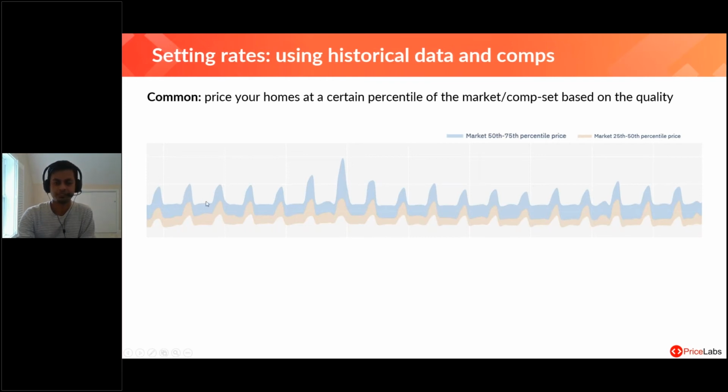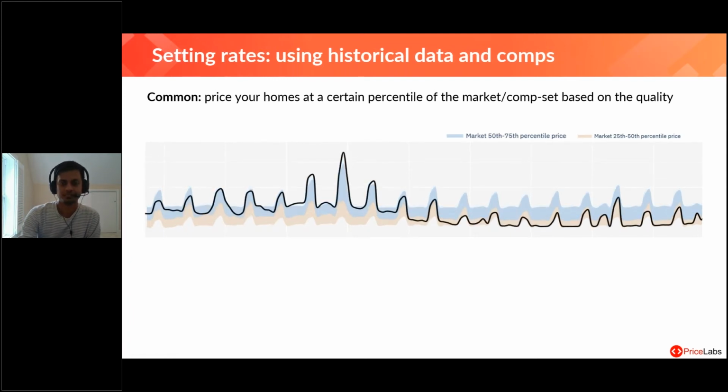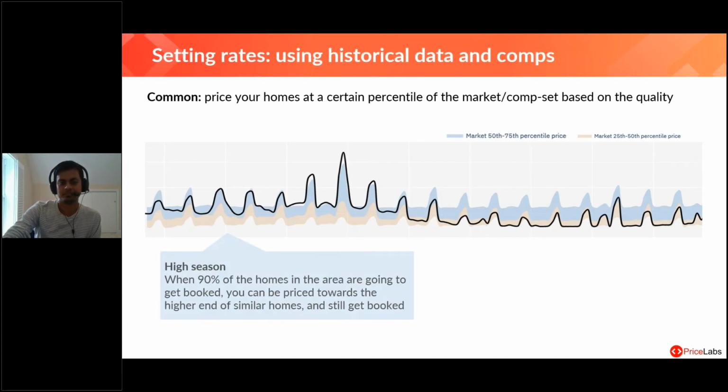What we generally see work better is to not just look at what other people are setting their rates at, but also look at what occupancy trends exist or existed in the market.